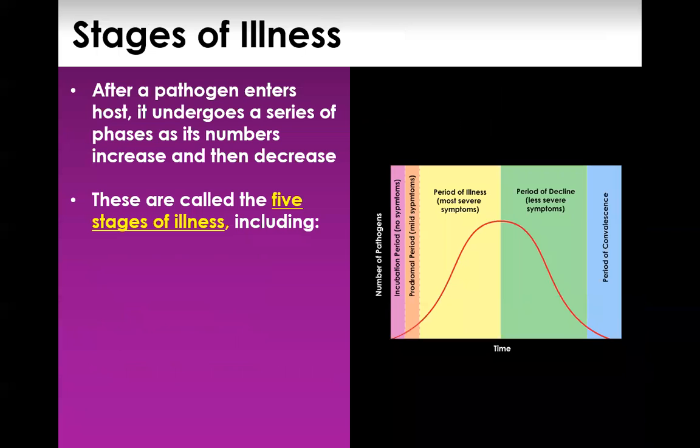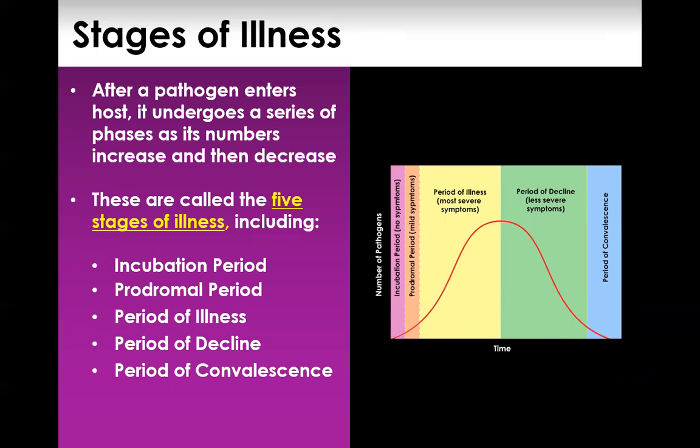All right, let's now go to our stages of illness. It's important to understand the stages of illness because in a clinical setting we have to understand how the patient presents and what the nursing interventions are going to be as they are in the various stages of illness. Is there anything that we can do to prevent the progression?